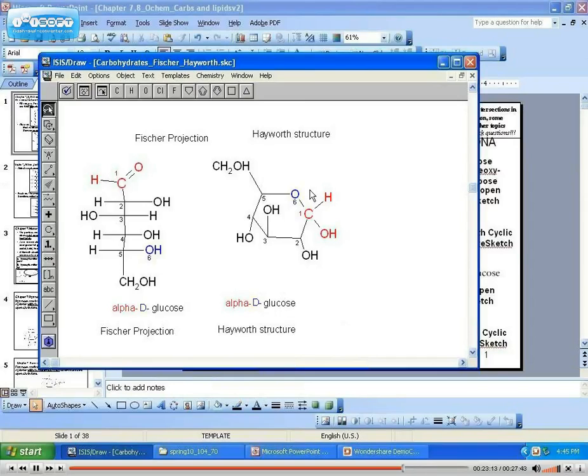I could also try to trick you, and I can ask you to draw the beta D-glucose, in which case you'd have to do that as well. And if I ask you to draw the beta D-glucose, then again, on the anomeric carbon, you simply make sure the alcohol is facing up and the hydrogen is facing down.